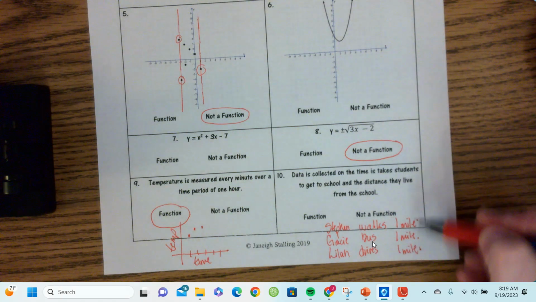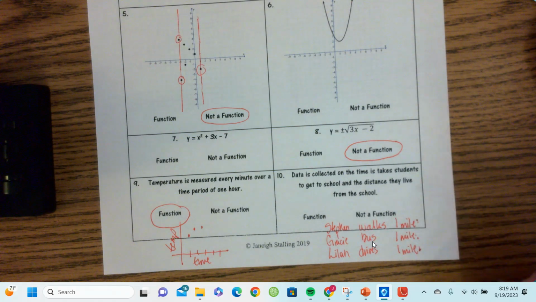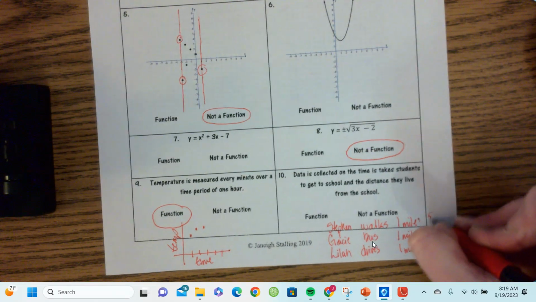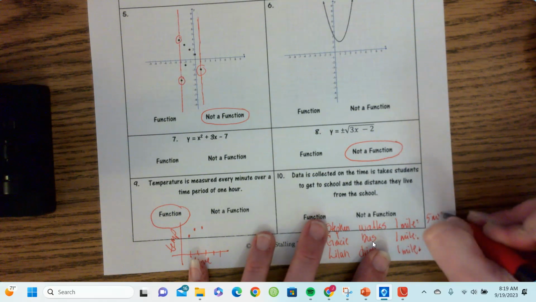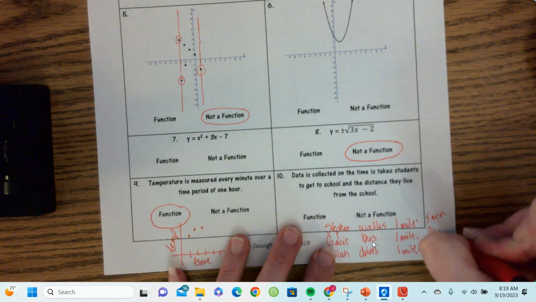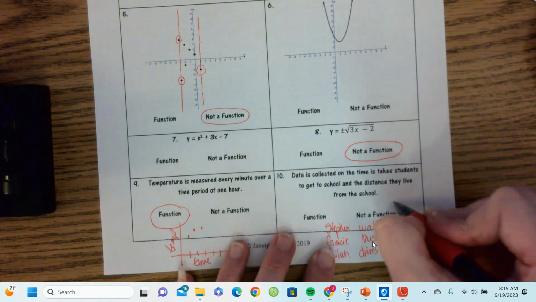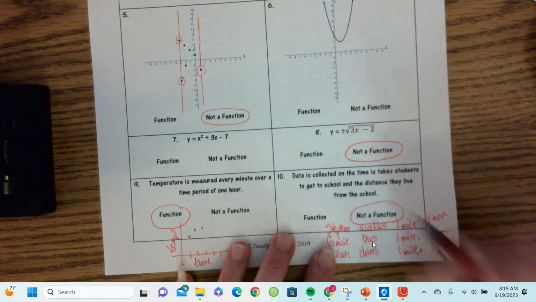So in a situation like this where people are the same distance from the school, their output, the time it takes them to get to school, would be different. So maybe it takes Stephen 5 minutes, takes Lila 1 minute, but it takes Gracie 20 minutes. So all the same X's, each with a different Y. So that one's not a function.